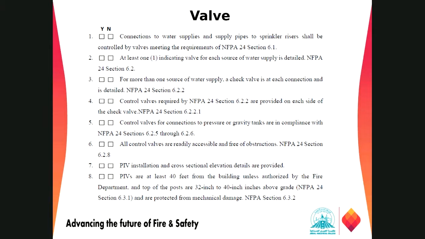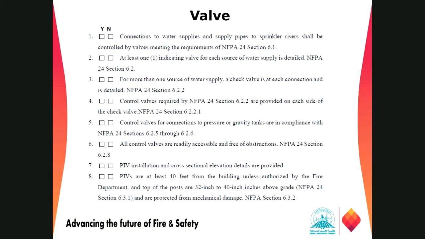And the second talks about at least one indicating valve for each source of water supply, as detailed in NFPA 24 section 6.2. 6.2 is talking about the connection to water supply, right?